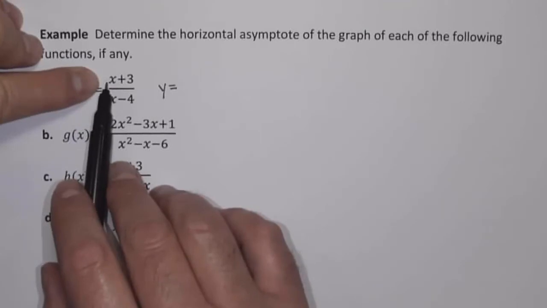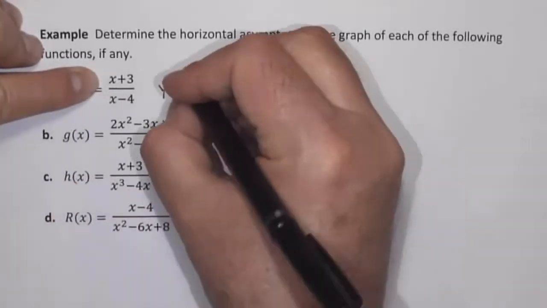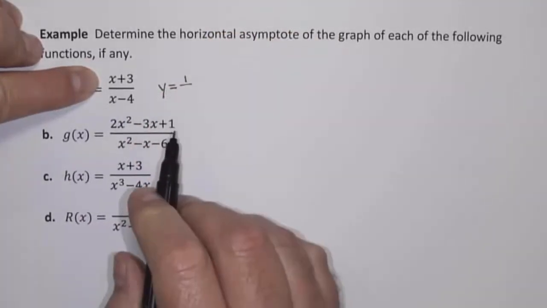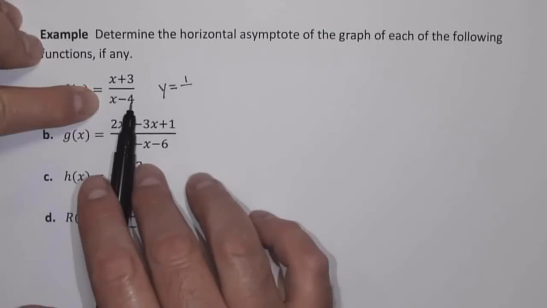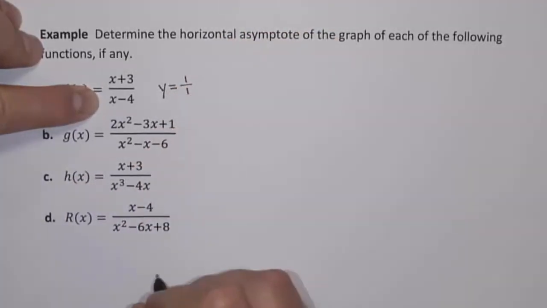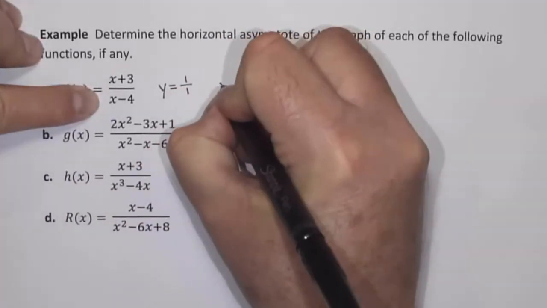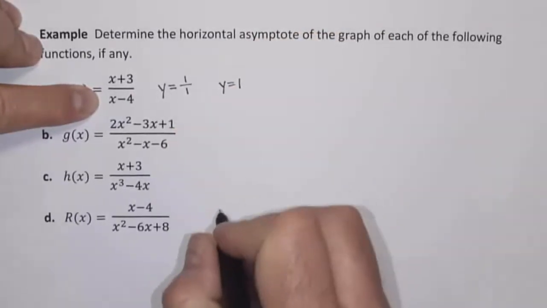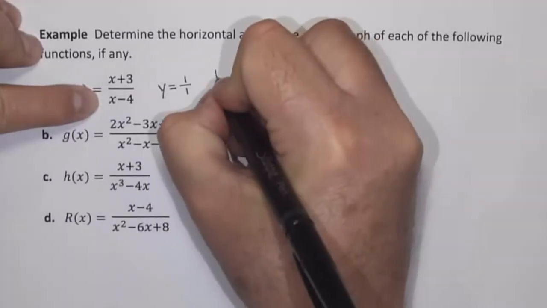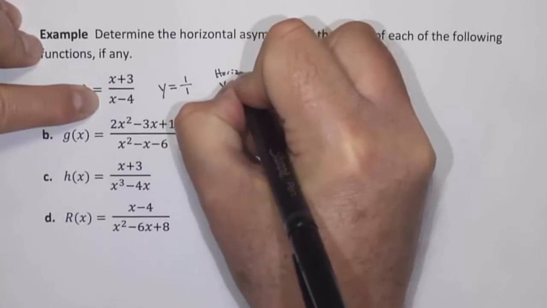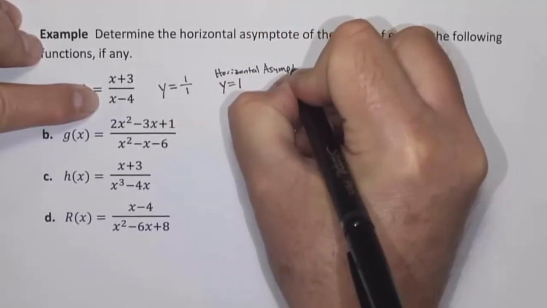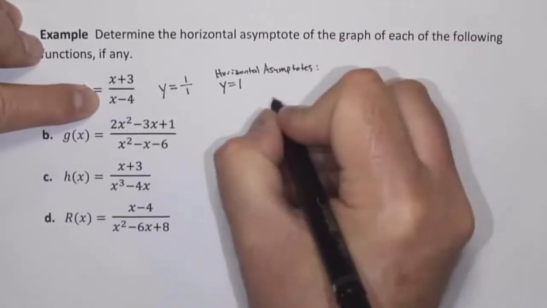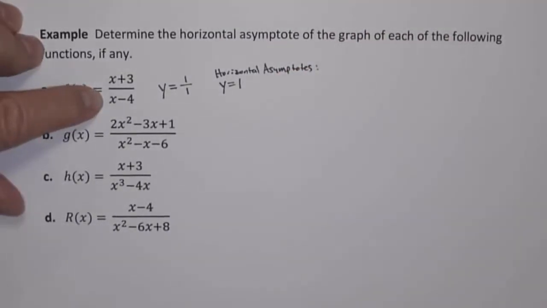Well, the leading coefficient of the numerator is understood to be 1. That would be 1x plus 3. Same for the denominator. We would have 1x minus 4. So that's 1. And y equals 1 over 1 is the same as y equals 1. So our horizontal asymptote is going to be the line y equals 1.